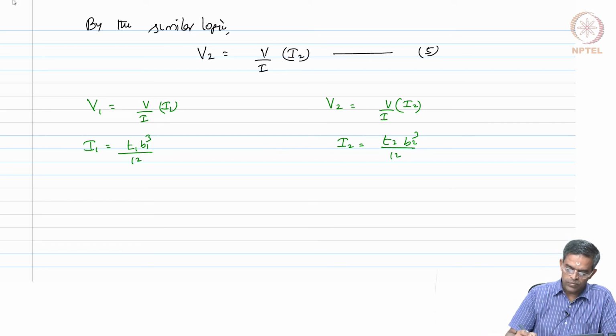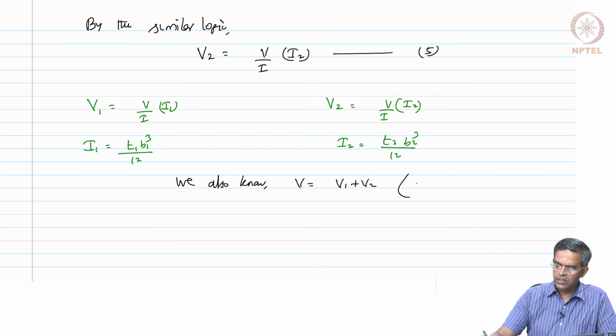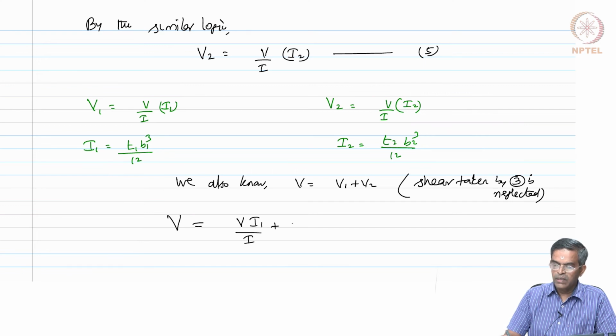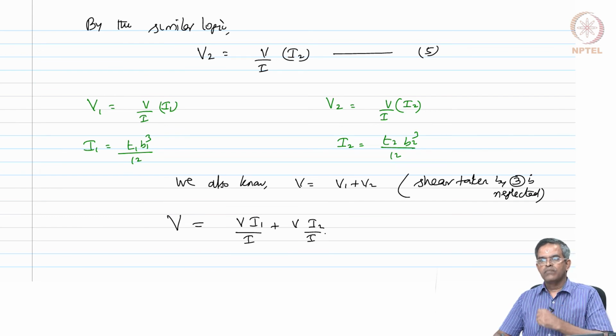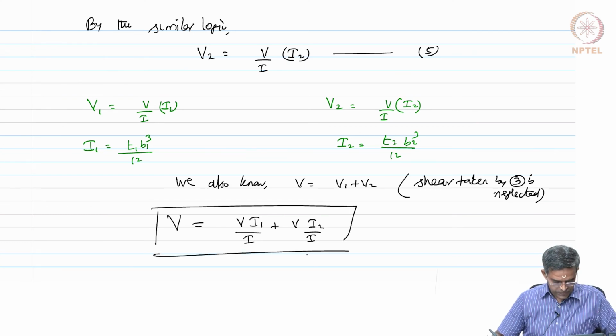We also know total shear is sum of these two, shear taken by member 3 is neglected, we already stated that. So, the total shear force will be V I1 by I plus V I2 by I. Okay. So, that is the governing equation we have with us.